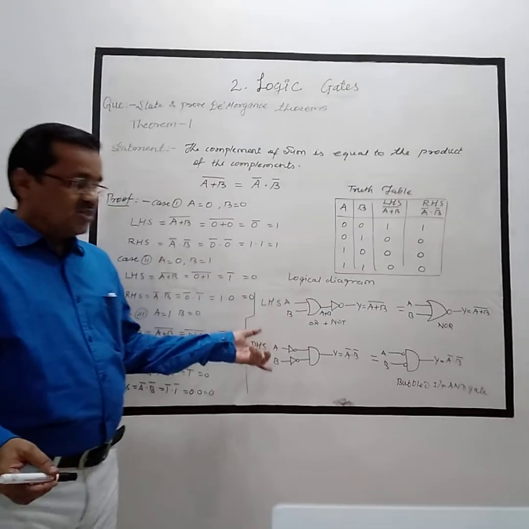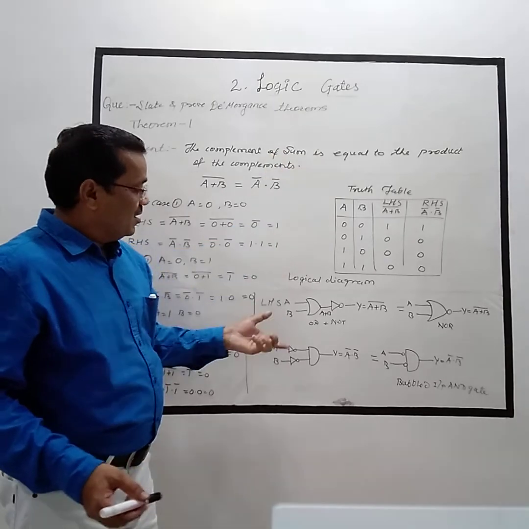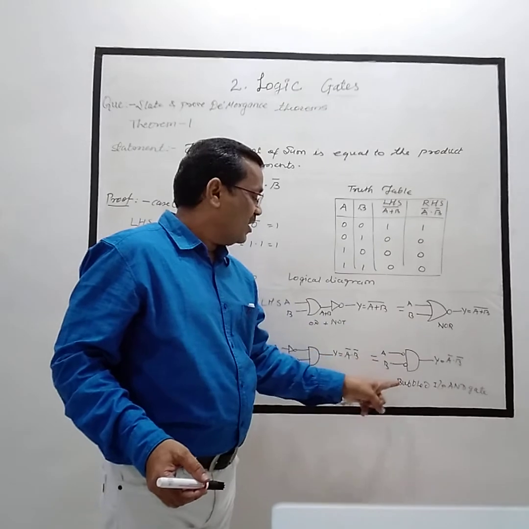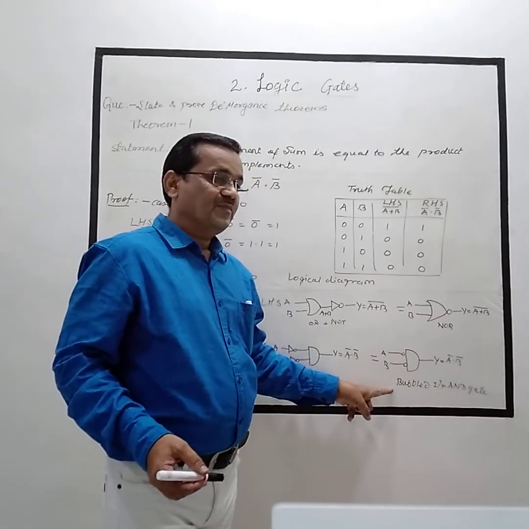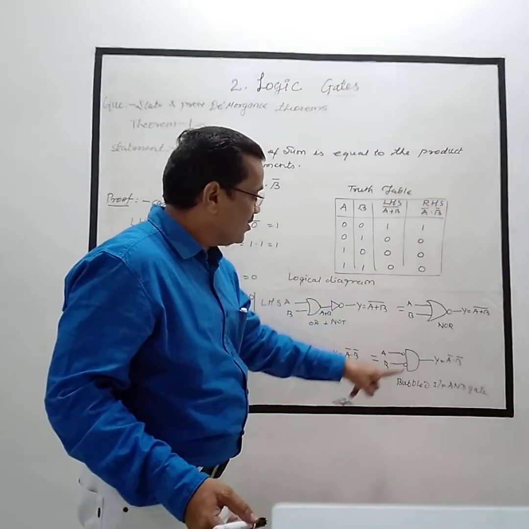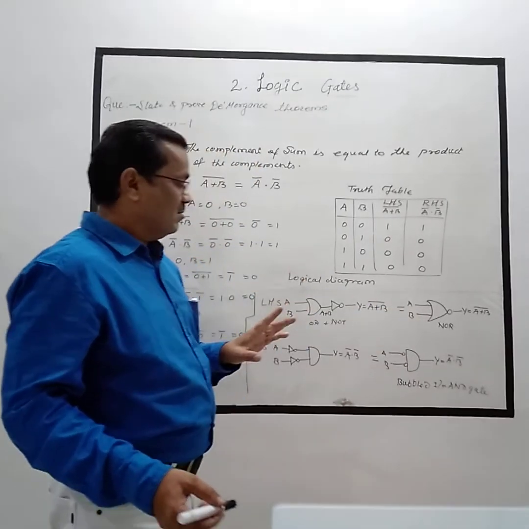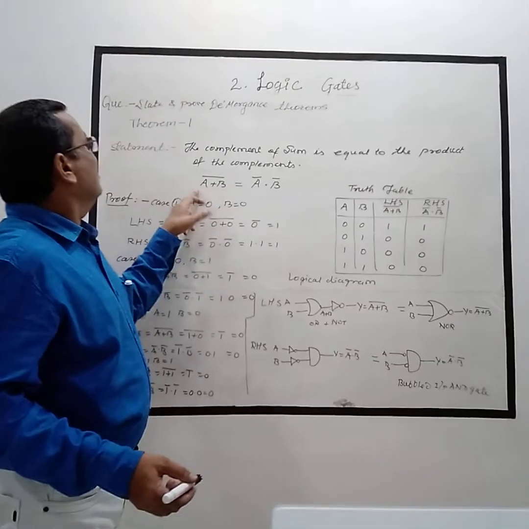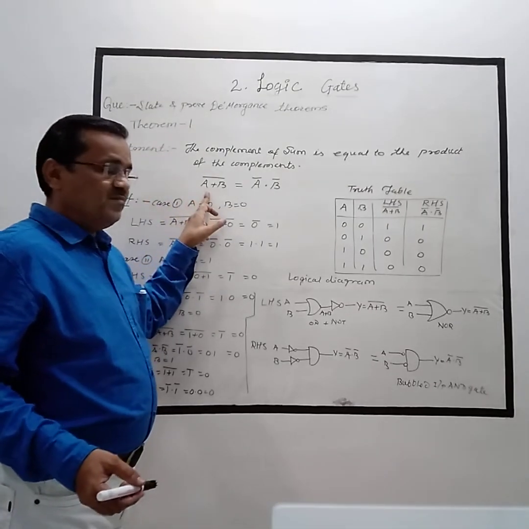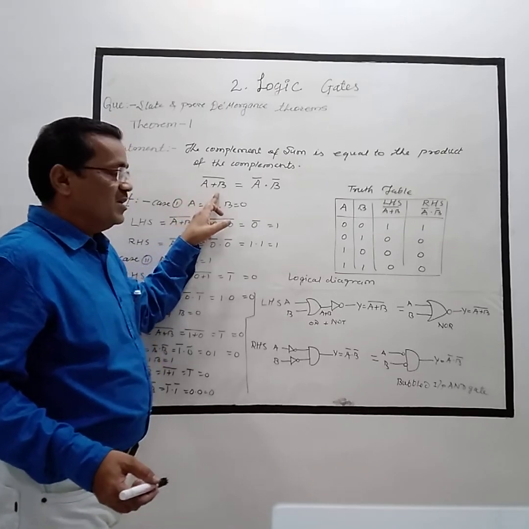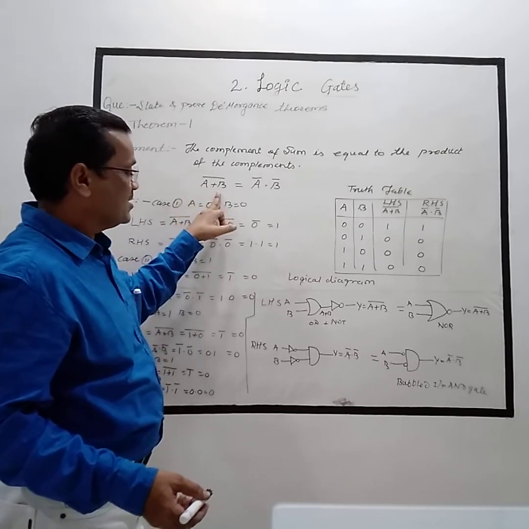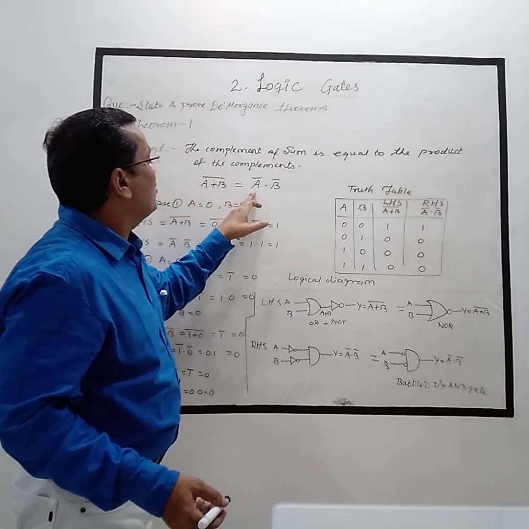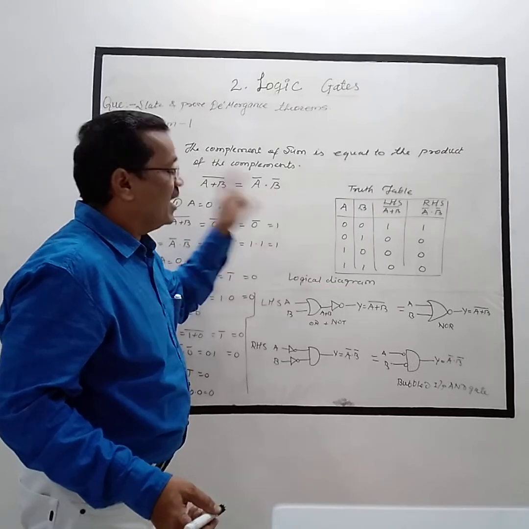So from this logic diagram, it is the equivalence between NOR gate and AND gate. That means in De Morgan's first theorem, it indicates that NOR gate is equivalent with bubbled input AND gate.